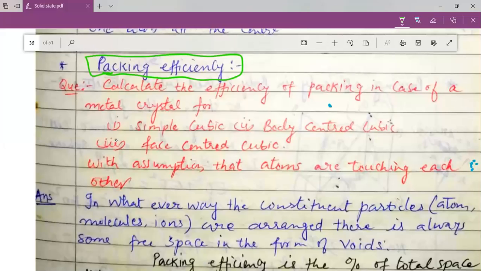So my dear students, this is what it is, packing efficiency, which I was trying to make you understand.